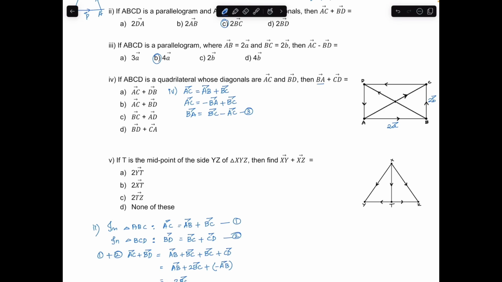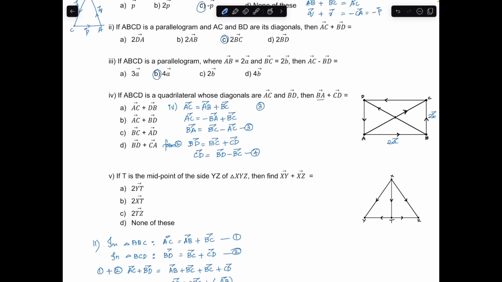Then from equation 2, we have BD is equal to BC plus CD. From here, let's take CD. CD is equal to BD vector minus BC vector. Let's name this as 4.